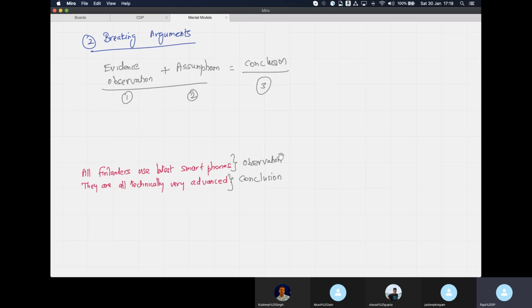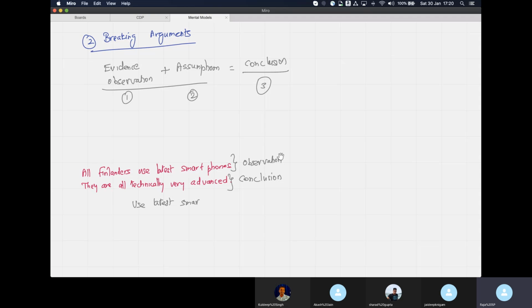And a lot of times in our arguments, the assumption is hidden, or it's a commonsensical thing that we don't even bring it in the statements, but it is the implicit knowledge that we all have. So in this particular example, that implicit knowledge here is basically use latest smartphone.